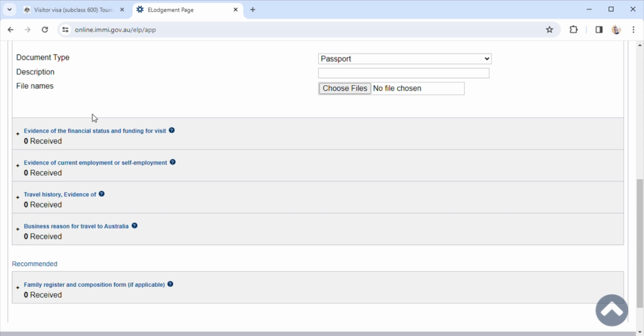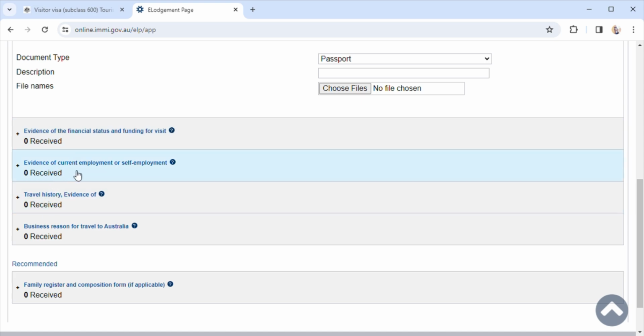If you don't have a land title, you can put a land agreement. On financial status, you put a bank statement, business registration cards, and the receipts you use when you are paying money. The more documents you submit here, the more you increase your chances of getting the visa.